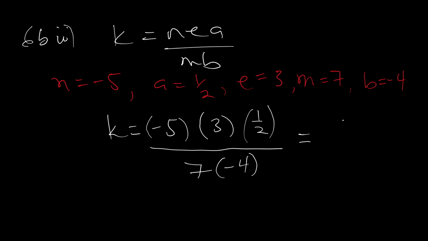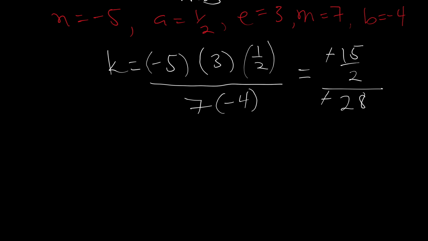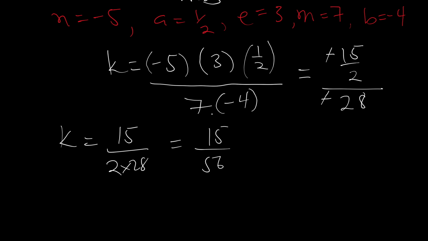Now this is equal to negative 15 over 2 divided by negative 28. So the negatives cancel. Our K will be equal to 15 divided by 2 times 28, and this is the same as 15 over 56. 15 divided by 56 is the same as 0.2679.